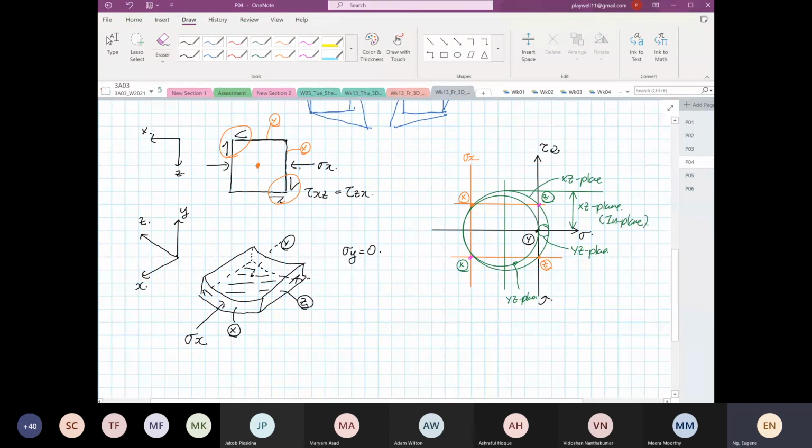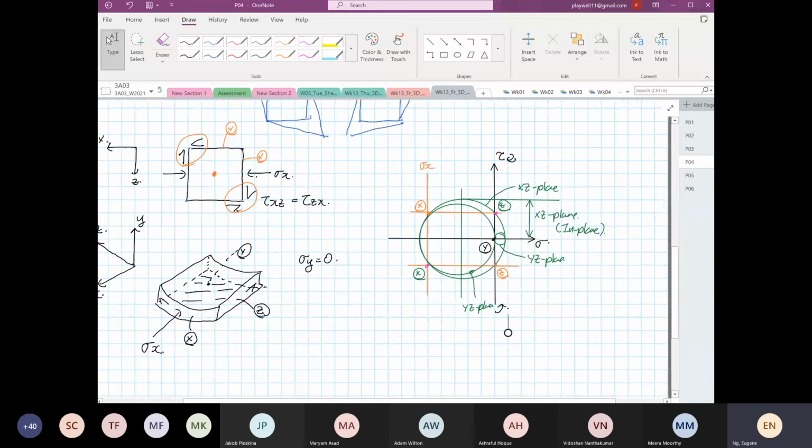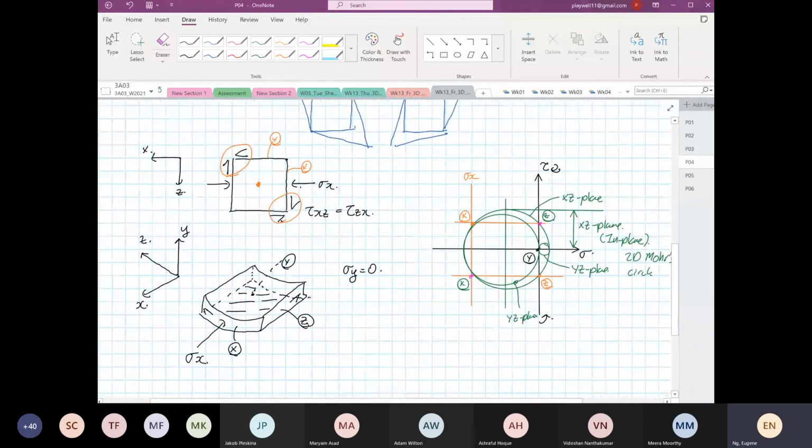When it's in plane, that's where you can say, hey, I can apply 2D Mohr's circle. Because this surface over here is your XZ plane, which is in plane. So you no need to worry, but you still need to use Mohr's circle to verify.